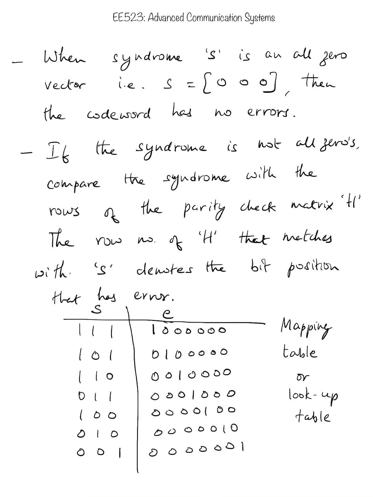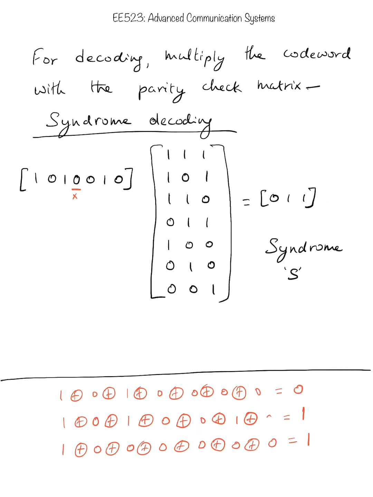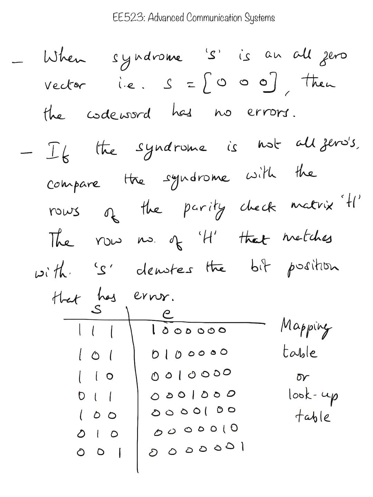In our example, we got the syndrome 0 1 1. So corresponding to 0 1 1, look at the error vector. What is the error vector? The lookup table or mapping table will give the decoder what error vector to use.